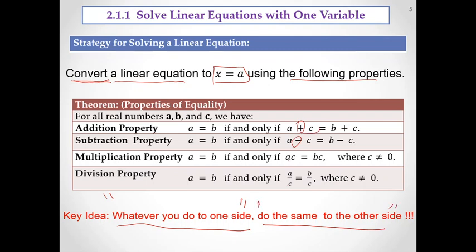When you add c to one side, do the same thing to the other side. When you subtract c from one side, do it to the other side. Multiply one side with c, you have to multiply the other side with c, and in division, you have to divide both sides by the same c.